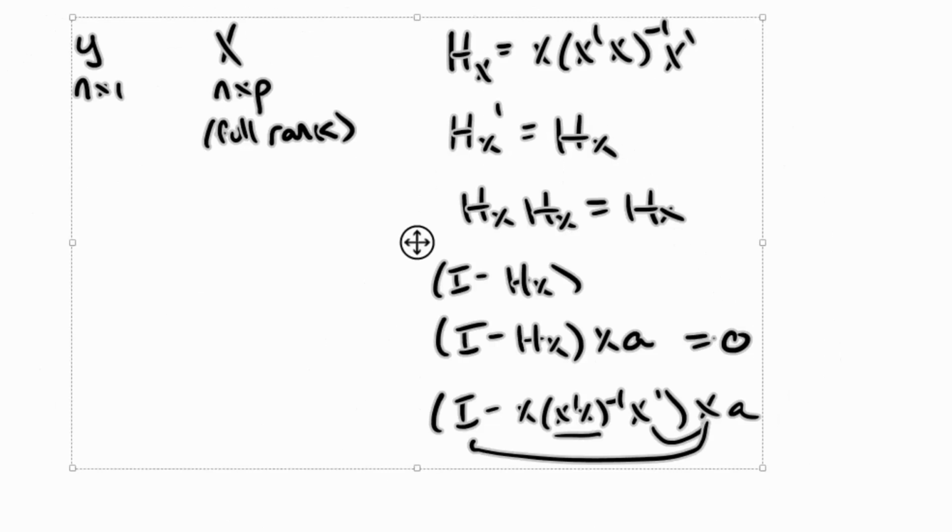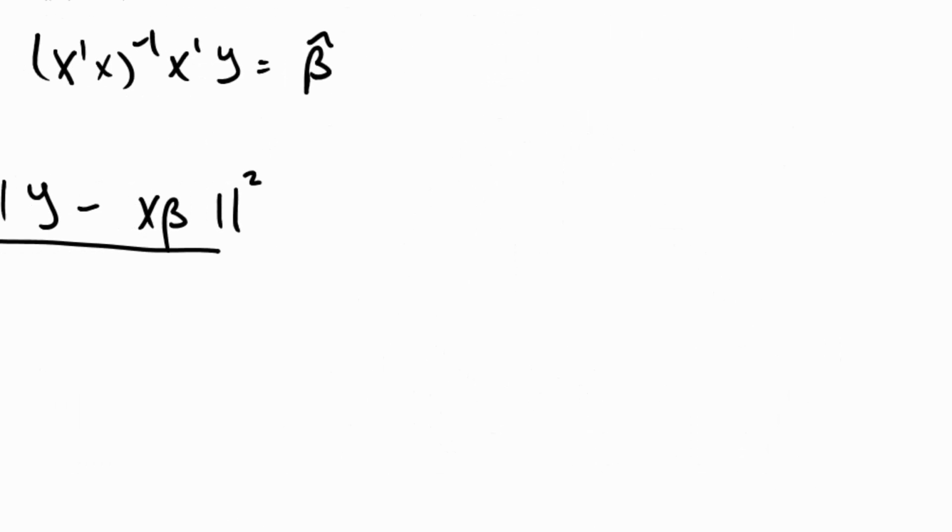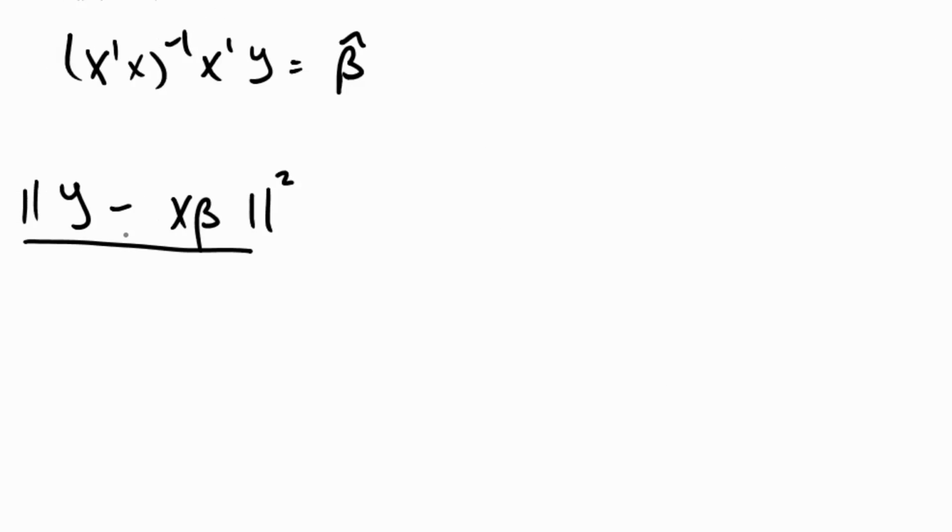Now, I'm going to try to minimize my least squares criteria. So let me just add and subtract an X beta hat.